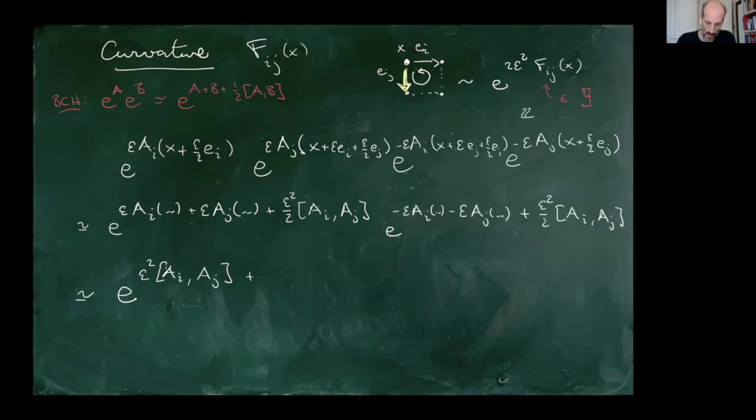So what I get here is a plus directional derivative of A_j in the direction i minus directional derivative of A_i in the direction j. So this is again epsilon squared, and then everything else is order epsilon cubed or higher.